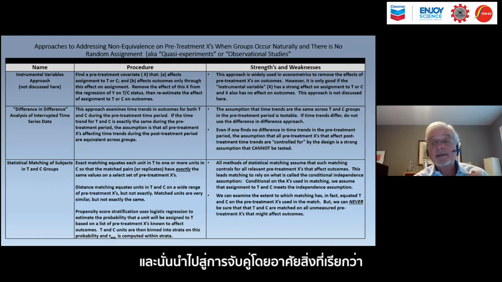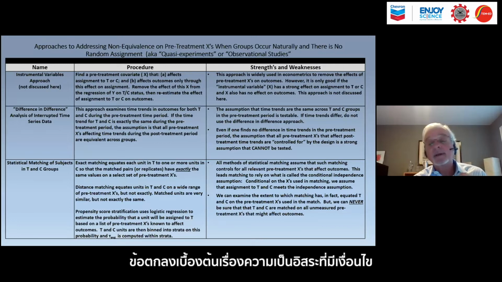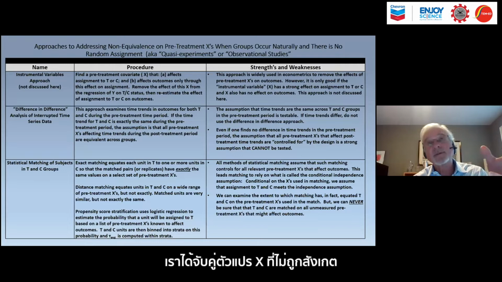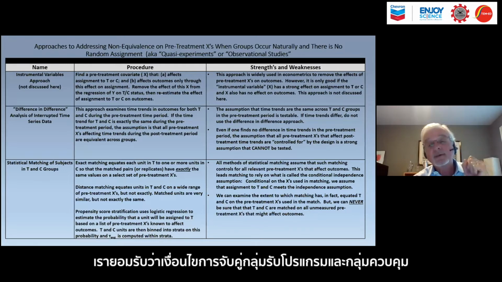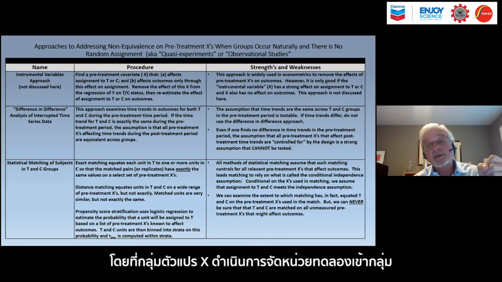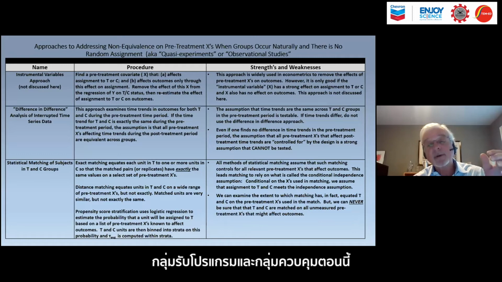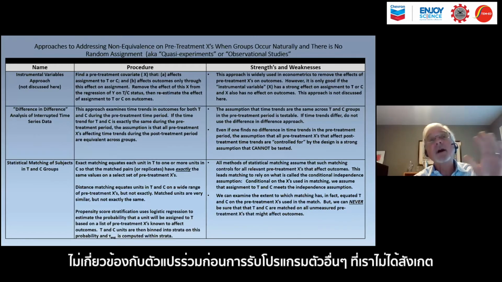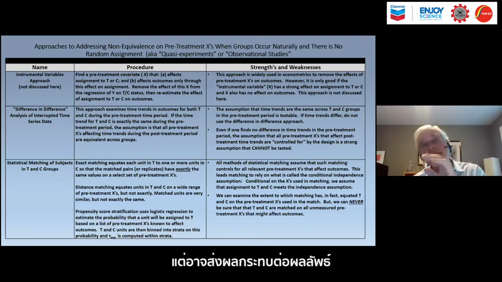And that leads matching to rely on what is called the conditional independence assumption. We have matched on some observed X's. We assume that conditional on the matching of treatment and control on those X's, assignment to treatment or control is now unrelated to other pre-treatment covariates that we did not observe, but that might affect outcomes.